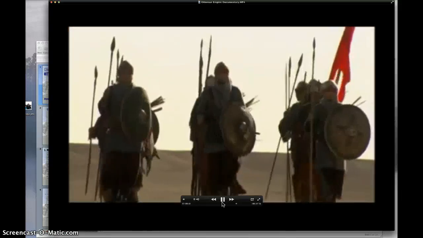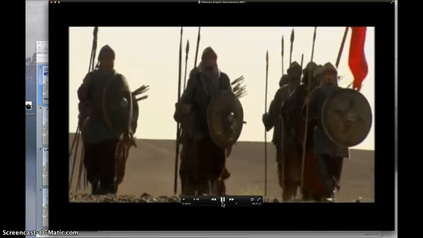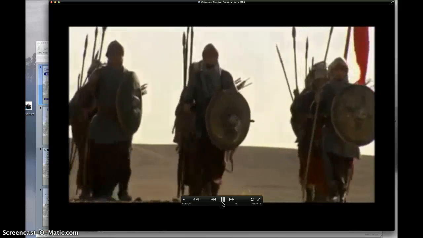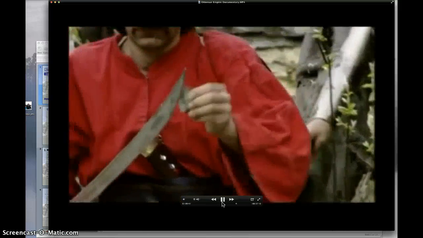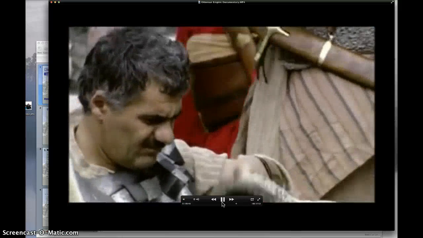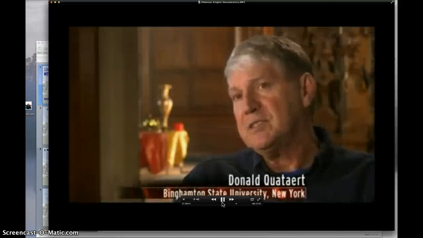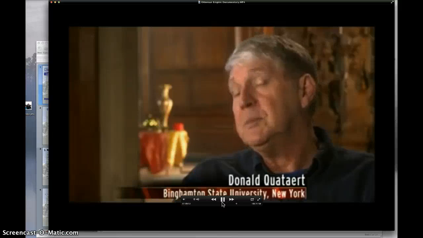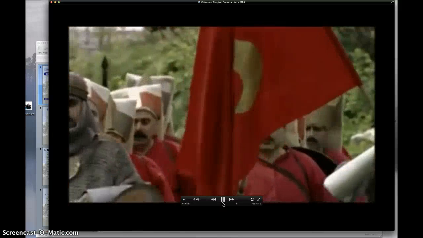Constant campaigning had honed the Ottoman war machine into an invincible force. Now idle, it declined rapidly, failing to modernize either its tactics or technology. By the end of the 16th century, the Ottomans actually are surpassed by their foreign enemies, and they lose that military edge.